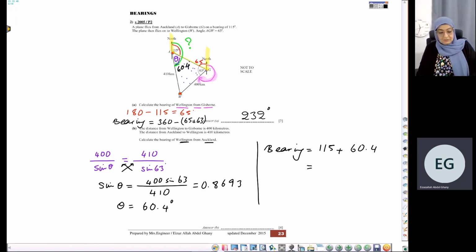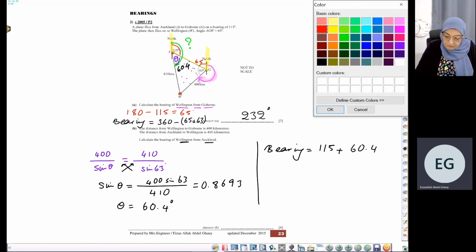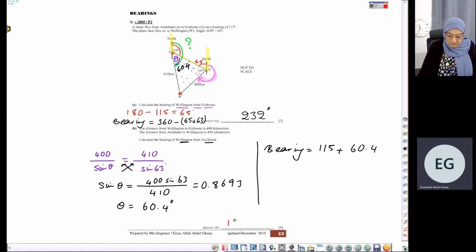Remember that you rounded it. So plus 115 equals, you write it directly on the answer line, don't repeat it. It is 175.4, 1 decimal place. That's all for today. Thank you. Bye-bye.